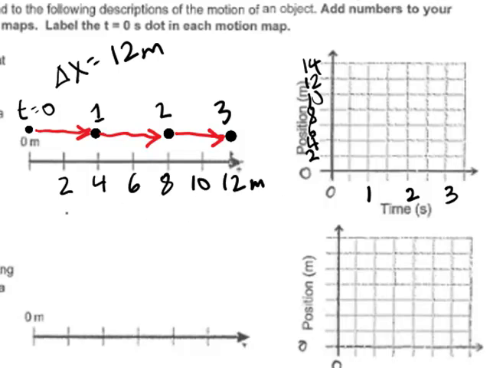Let's go ahead and transfer our points. At a time of 0, I'm at a 0 position. At a time of 1, I'm at 4 meters. At a time of 2, I'm at 8 meters, 2 seconds and 8 meters. And at a time of 3, I'm at 12 meters, or at least our object is.